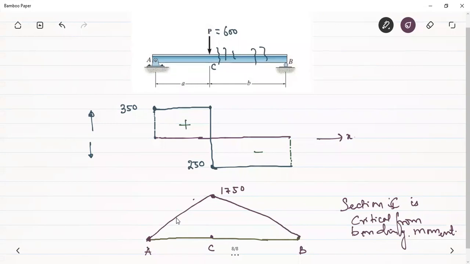Again, between C and B, there wasn't any point load. We had a point load at C and a reaction at B. Between these 2 point loads, the shear force is remaining constant, and the bending moment is varying linearly. So in our questions, we have to draw both SFD and BMD simultaneously.